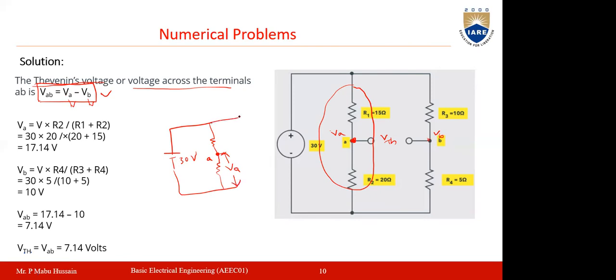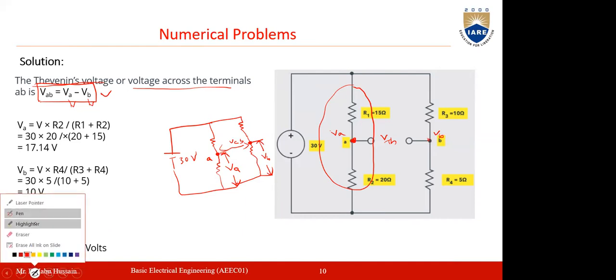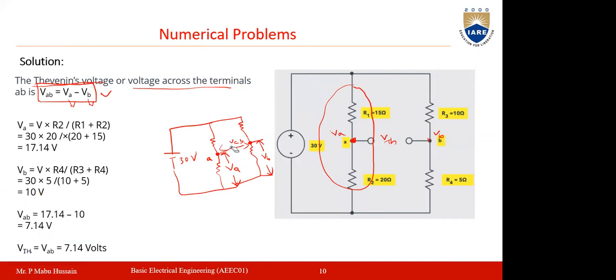Similarly, you have another two resistances connected in parallel, and you need to find the voltage at this point with respect to ground, which we represent as VB. Now the voltage across these two terminals will be VAB, which is equal to VA minus VB. So first find out what VA and VB are.